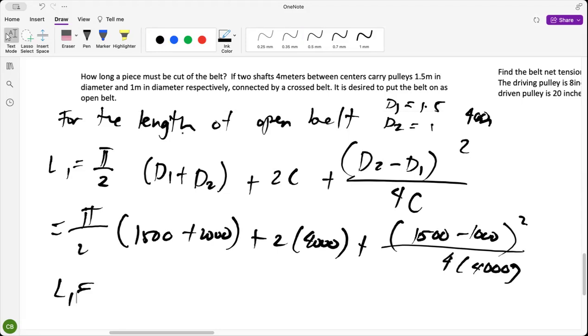We have 2 multiplied by 1 by 2 5 plus 3,000 plus 1 plus over 4.